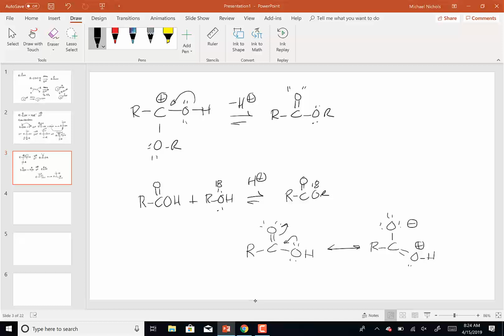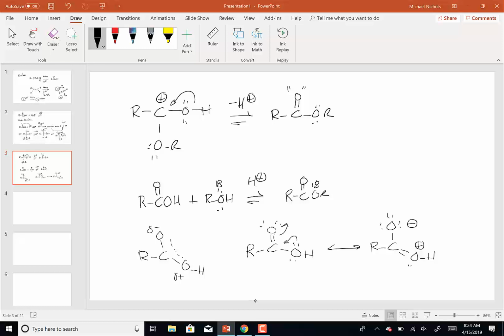Now you might say, not very stable resonance structure, but it is another valid resonance structure. So the resonance hybrid for this would look like this. We would have a delta minus charge on the carbonyl oxygen, and we would have a delta plus charge on the oxygen attached to the hydrogen.